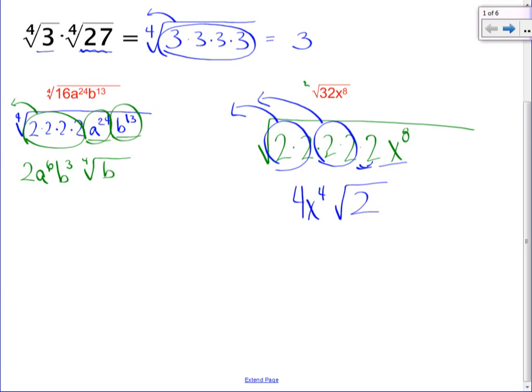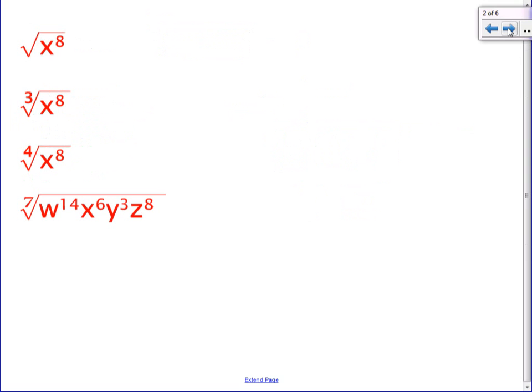Okay, so the number on the outside of the root tells you what size groups you're looking for. You want to match. And then you can take those out of the root. Questions on that? That piece we've been through already, so that's a review. All right, so let's try a couple more just before we dive into the new stuff. Because if we understand this, it's going to make the rest of it a lot easier.